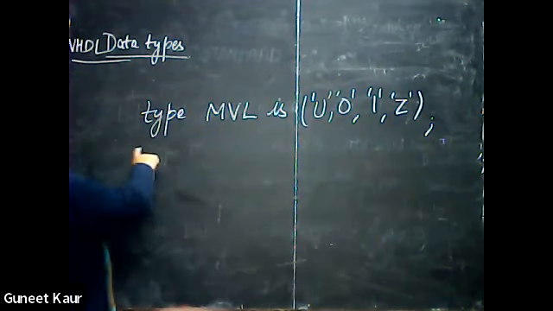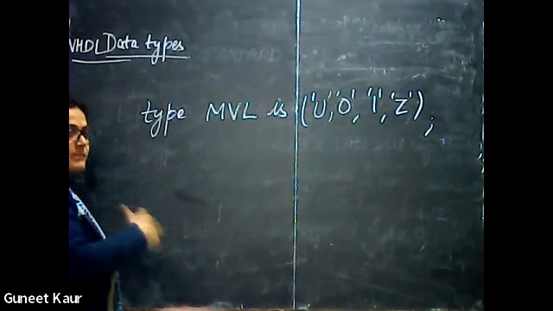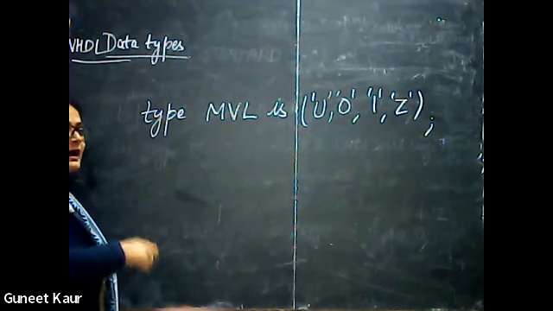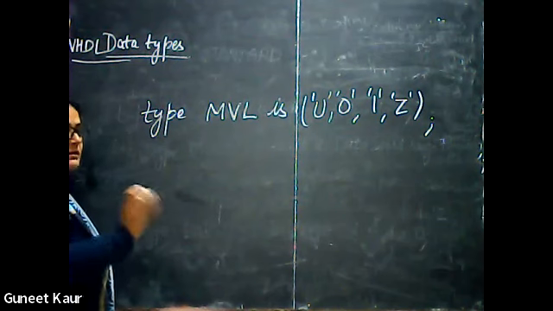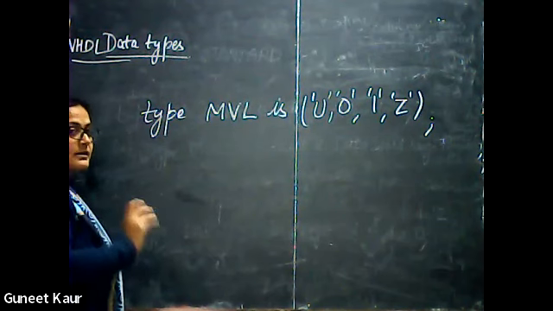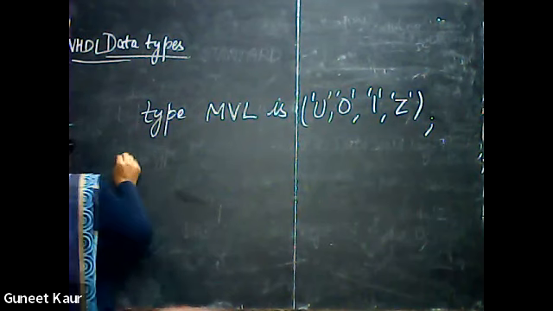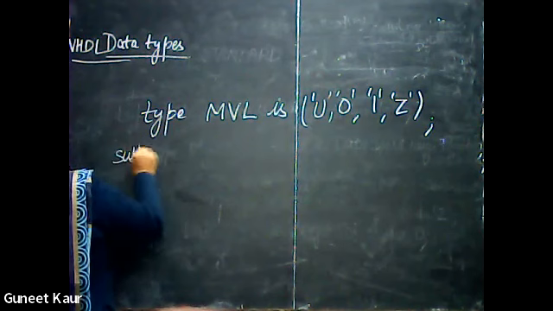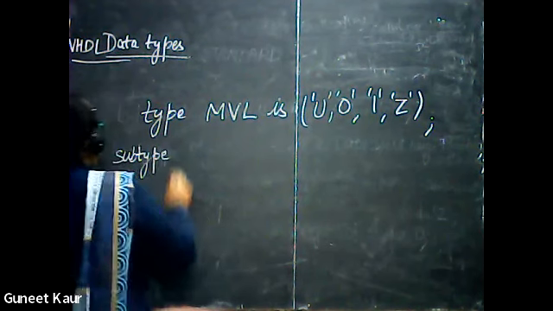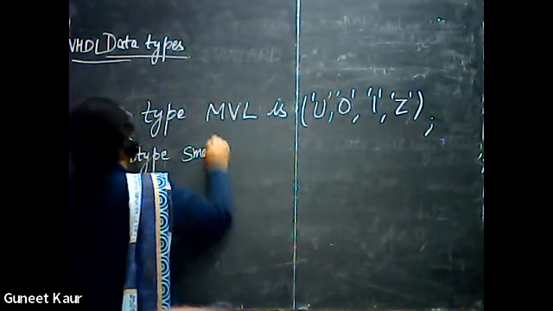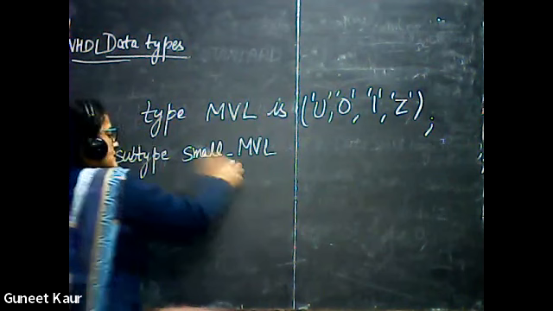Let us suppose I am taking this main type as MVL. The type name is MVL, and the elements in this type are U, 0, 1, Z. Now I will use a subtype with the keyword subtype, then small_MVL. This is the subtype name.